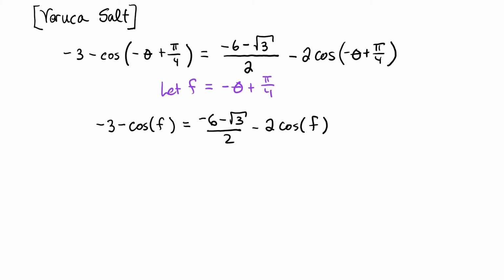So again, we treat our trigonometric functions as variables. Remember when we were solving our polynomial equations, we would isolate the variables. So we're going to isolate the trig function. And the way we do that is we're going to add 2 cosine F to both sides.